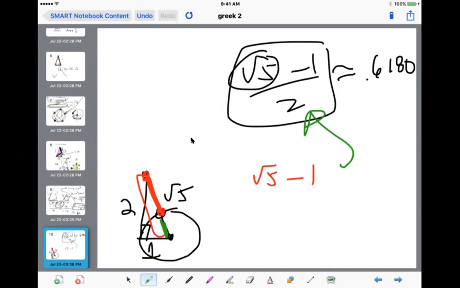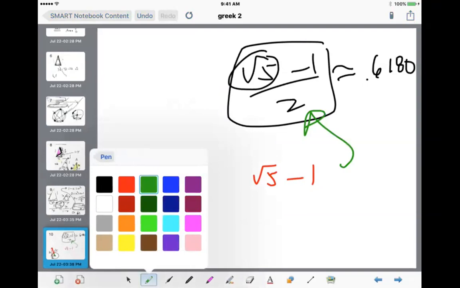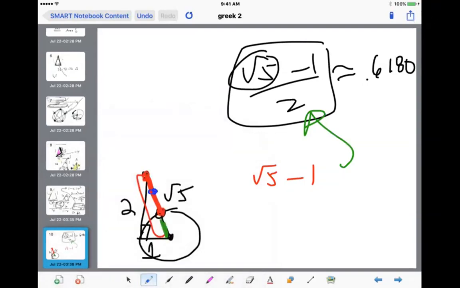Simpler than that, than dividing by the other leg. I have a red line segment that's square root of 5 minus 1, but I want a line segment that's square root of 5 minus 1 over 2. It's one of the constructions we learned yesterday. Midpoint is correct. If I then found the midpoint, which I'll make blue, then this piece here would be square root of 5 minus 1 over 2. And once I have that, I can finish it.